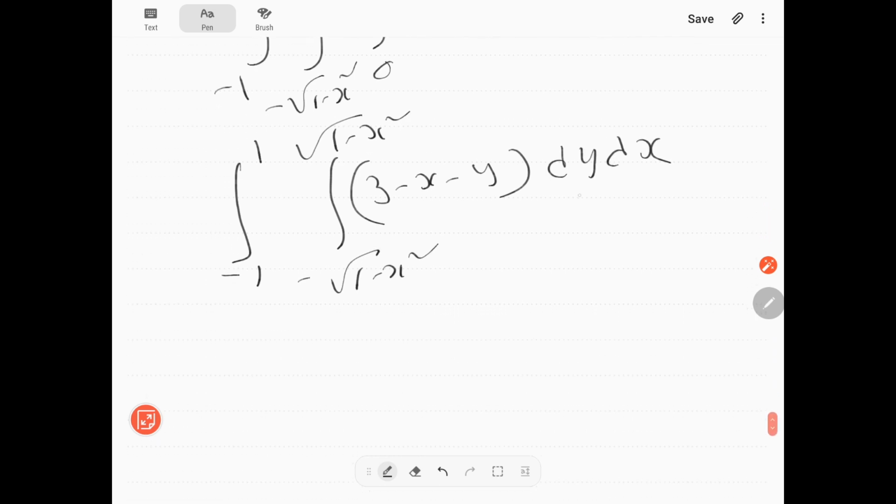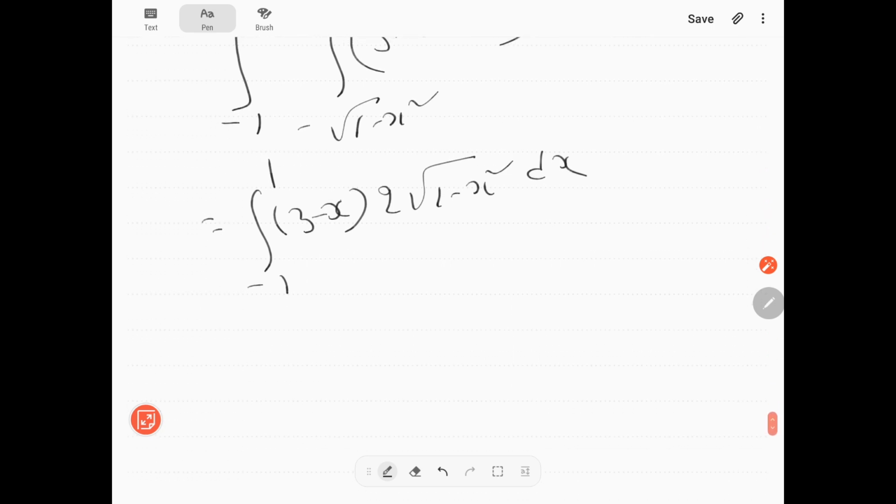And again, we need to integrate with respect to y, so that 3 minus x is constant. 3 minus x into the integral, which is y, because it's an even function, twice the integral from 0 to root over 1 minus x square, minus the integral from minus a to a of y dy. Y is an odd function, therefore that integral is 0. So this is what we need to integrate.